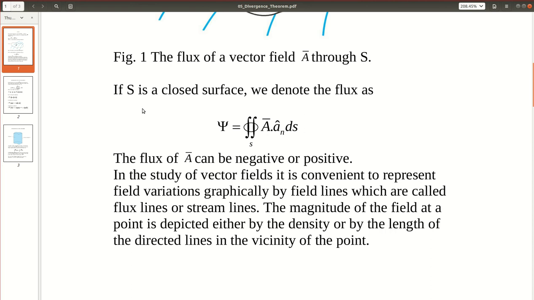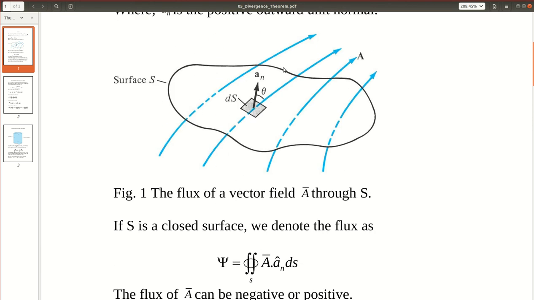Now if the surface is closed, we write the flux with a circle on the integral, meaning that this is a closed surface. You take the integration over this surface.